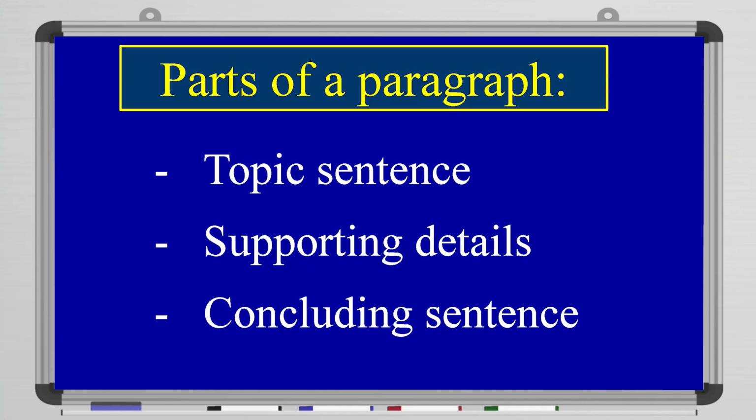Now, we saw the parts of the essay. Let's take a look at the parts of the paragraph. Each paragraph should have a topic sentence, supporting details, and concluding sentence. What do I mean by a topic sentence? From the name, topic sentence. You have to mention the topic and then follow it with the main idea about this topic.